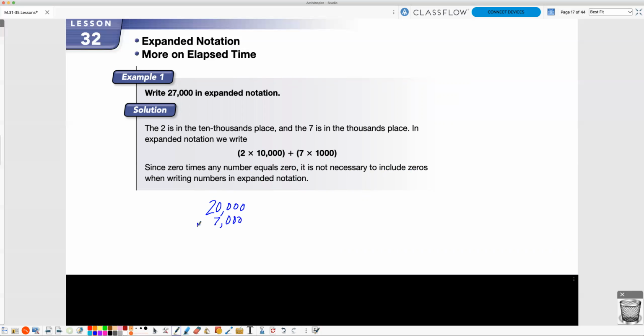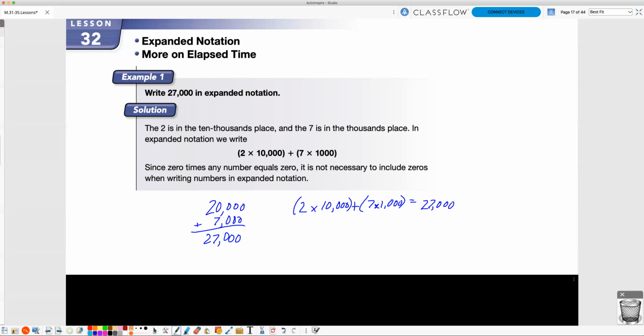If you were to add those two together, you would end up with 27,000. This is the standard notation. Expanded notation is 2 times 10,000 plus 7 times 1,000. That's expanded notation for the standard notation of 27,000.